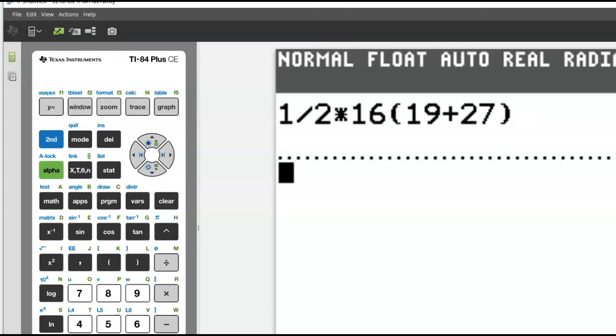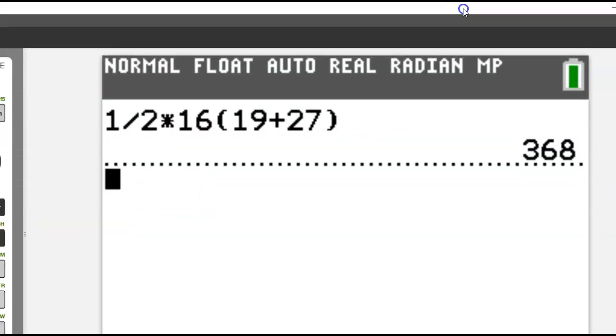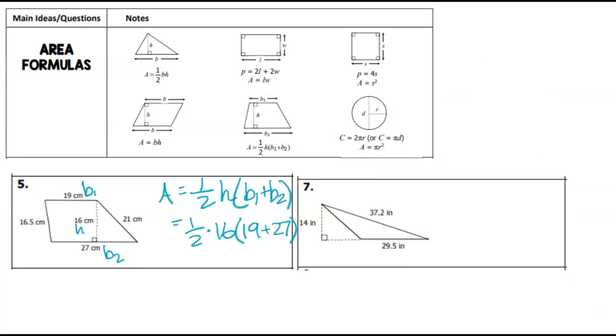Ooh, one shot for me there, and that comes out to 368. So I have 368 centimeters squared. I really want to get in the habit of putting the units on all of these. That's going to be very important for our PBL, making sure we understand the units in area versus volume.